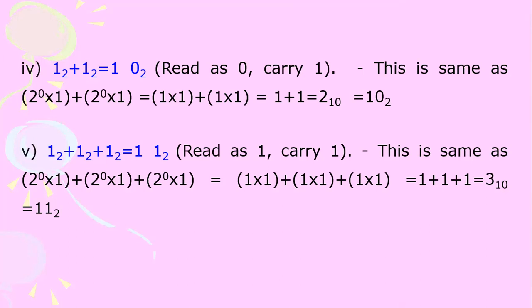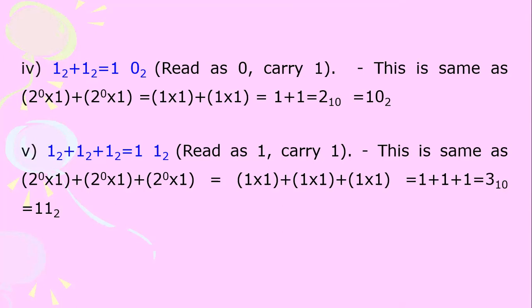This is the same as 2 raised to power 0 times 1 plus 2 raised to power 0 times 1 plus 2 raised to power 0 times 1, which gives us 1 times 1 plus 1 times 1 plus 1 times 1. That is 1 plus 1 plus 1. In decimal, we get 3.